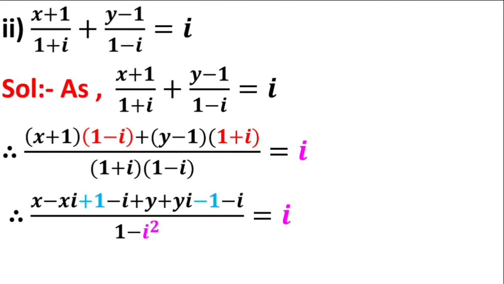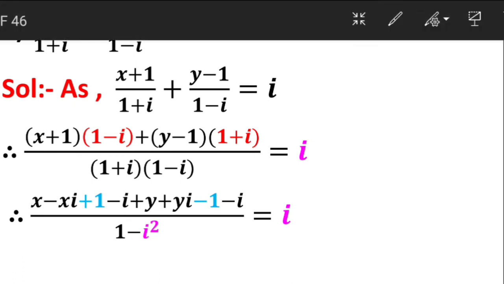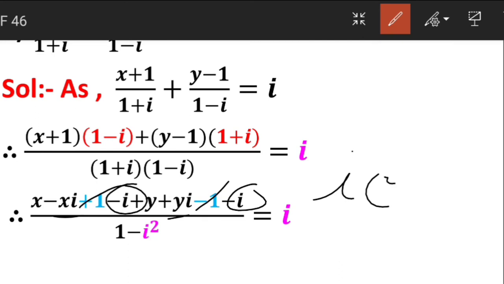Then simplify this. Now observe here, plus 1 minus 1 gets cancelled, right? Then taking i common here, see this i and i, how much? 2i.